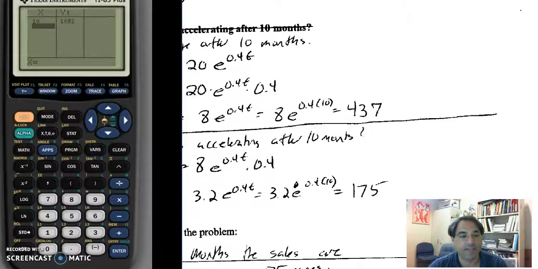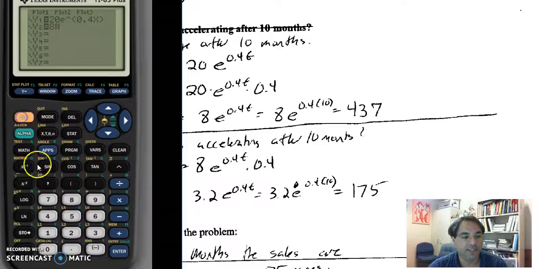So we can check that in the calculator. Go to y equals. I'm going to put the first derivative in y2, 8 second e to the 0.4x. And I'm going to check it because in y3, I'm going to do math, 8, vars, Y-VARS, function, y1, comma, x, close parenthesis.